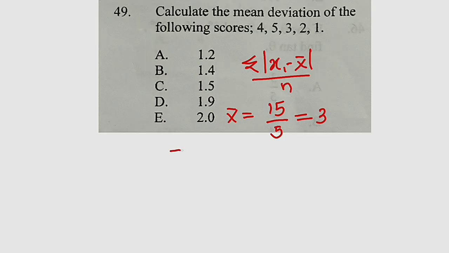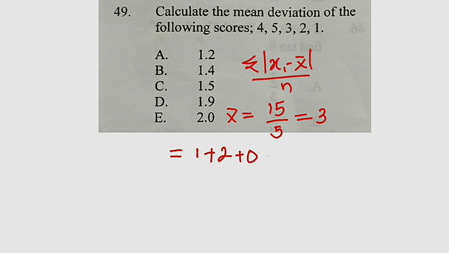So now let us calculate the mean deviation. Mean deviation will be the sum of all the differences between the x values and the mean divided by the total number of items we have. So 4 minus 3 will give us 1. That is the difference, 1. 5 minus 3 will give us 2, plus 2. 3 minus 3 will give us 0.